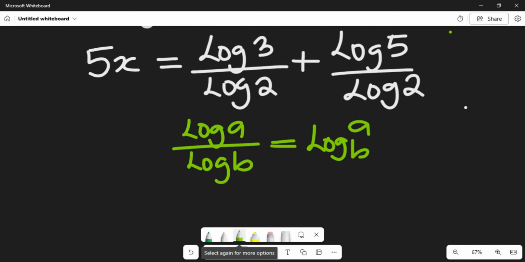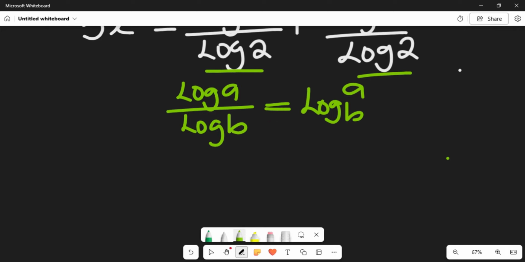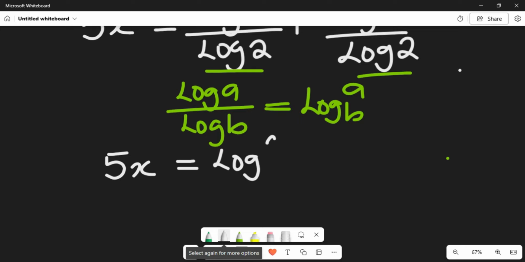Now, if we use that on this expression and this expression, then that whole expression will now give us the result to become 5x, right? 5x equal to log of 3 base 2 plus log of 5 base 2.